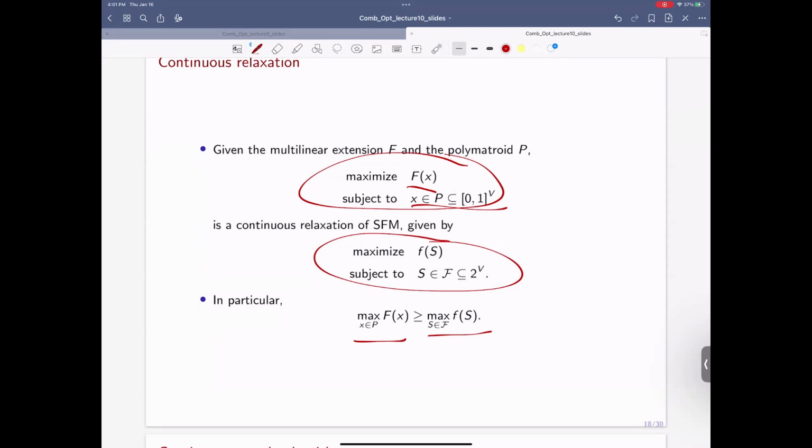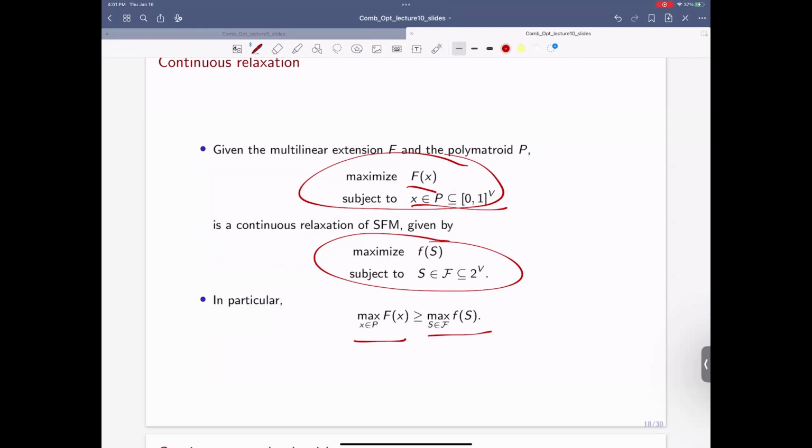I can see that I'm kind of losing you. I guess it can be quite technical, but the idea again is that I have this discrete problem of maximizing a submodular function. So the question is, which subset maximizes this function value?